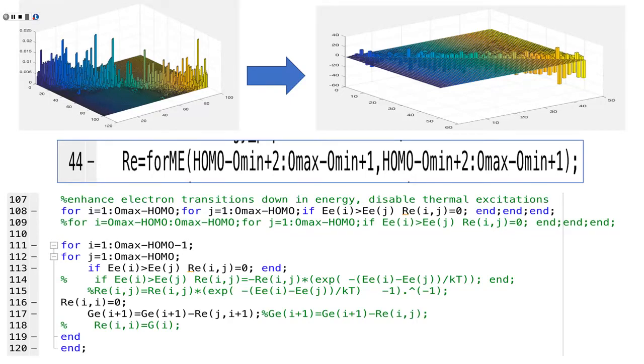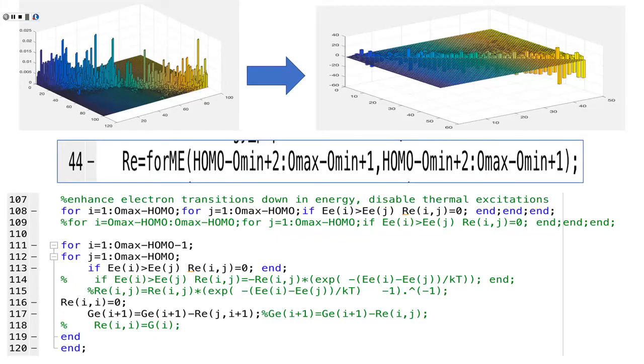The middle is about HOMO, and 100 is about 50 above HOMO. So the lower quadrant here in blue corresponds to holes, and inside the quadrant it's rates of transitions from hole to hole. The upper quadrant here, the yellow, is rates of transition from unoccupied to unoccupied for electrons.